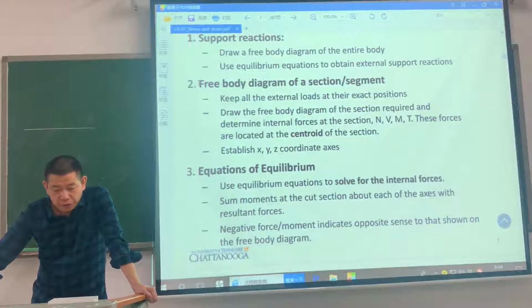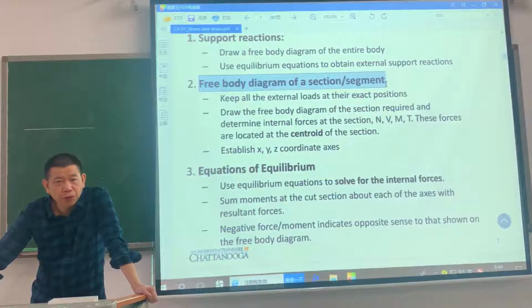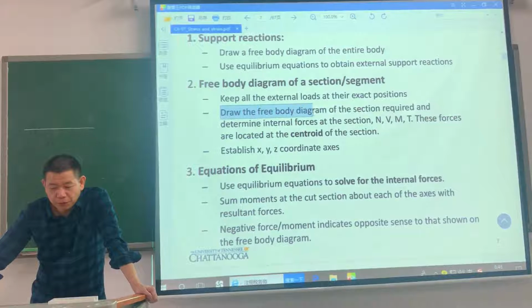Then we make a section through the rod at a given location. Draw the free body diagram of the section required and determine the internal forces at the section: M, V, N, T. These forces are located at the centroid of the section. Get the equations of equilibrium.